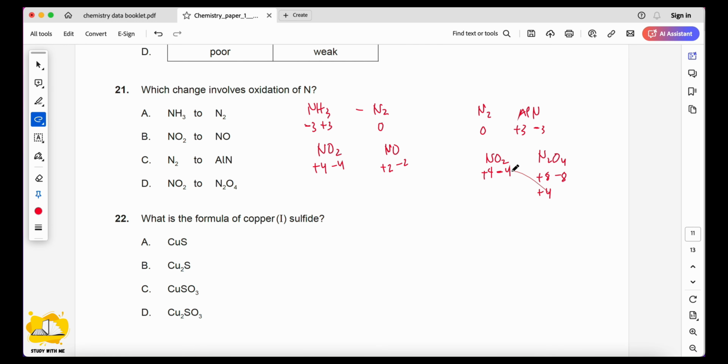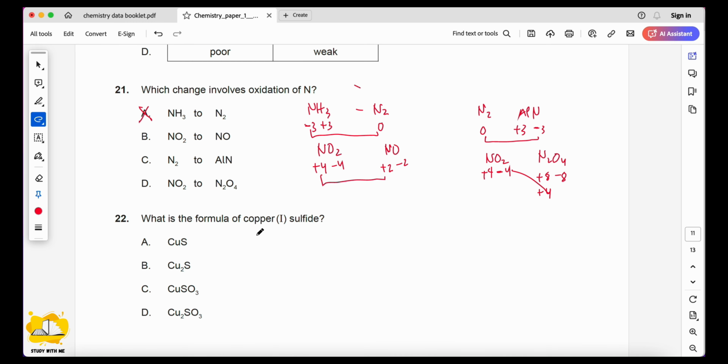This one no change, this one reduction, and this one reduction as well, and this one oxidation, because the number increases, so it's oxidation.